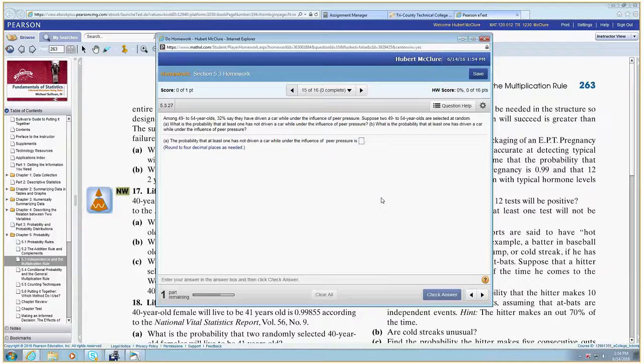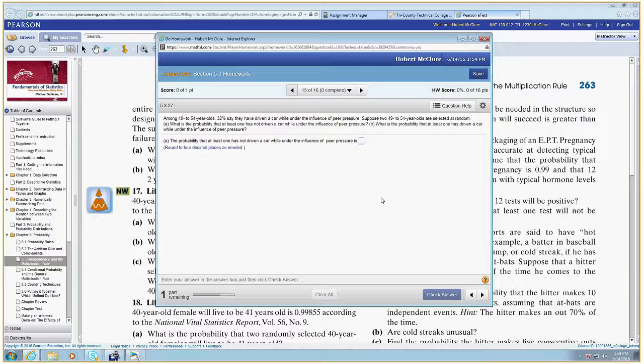Well, that could be read 2 different ways, couldn't it? Under the influence of peer pressure, or under the influence due to peer pressure. They need to check their writing. I guess they're talking about drunk. The question's not written right.